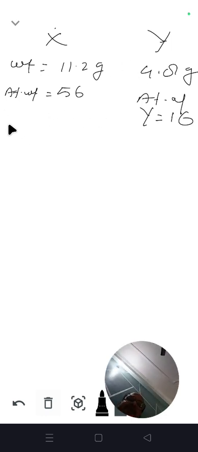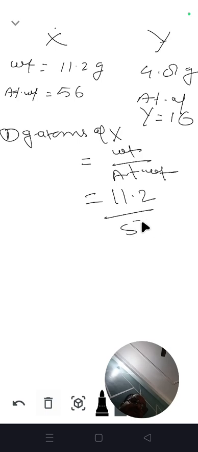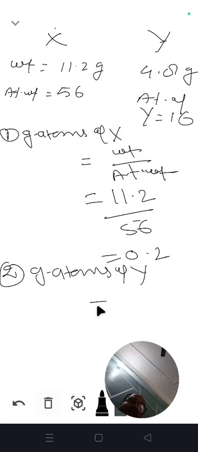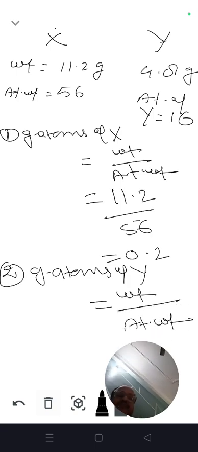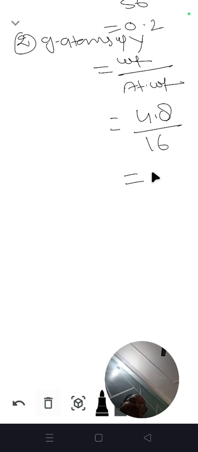Now we will calculate the gram atoms. Number 1, gram atoms of X is equal to weight upon atomic weight, that is 11.2 upon 56, it is 0.2. Second, gram atoms of Y is equal to weight upon atomic weight, and it is coming 4.8 upon 16, that is 0.3.